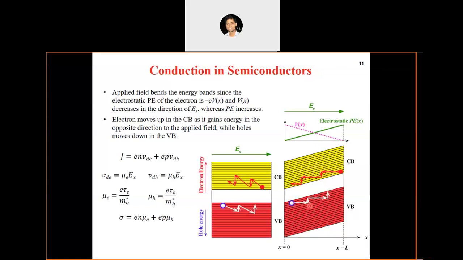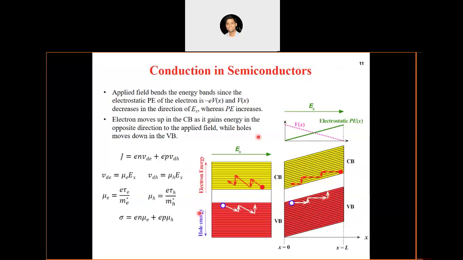What happens with the hole is that, similarly, the hole will also go through the scattering process. Basically, when it moves in the positive x direction, it loses some of its energy. Then again it will go through a scattering event, and it will gain a certain amount of energy.